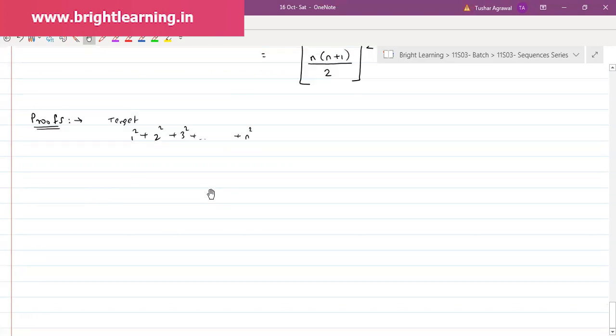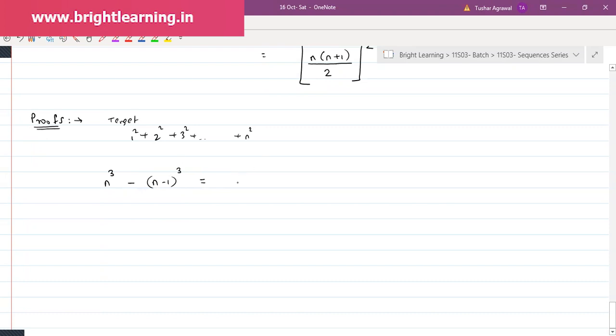So just consider this: n cube minus n minus 1 whole cube. Let's calculate. My target is to calculate the summation of squares, so I'm just subtracting cubes of consecutive natural numbers. N cube minus the consecutive natural number n minus 1, whole cube.